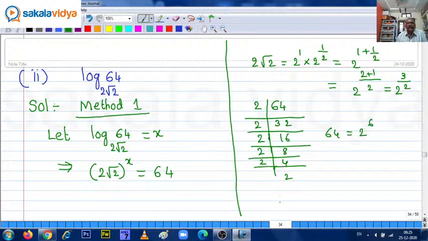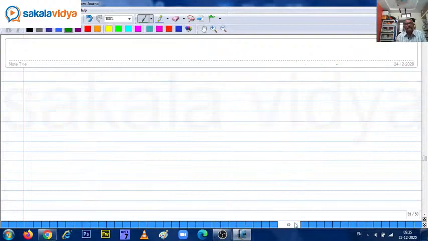So now, this 2 root 2 means 2 to the power of 3 by 2, all to the power of x equals 64, which we can write as 2 to the power of 6. Next step: this is 2 to the power of 3x upon 2 equal to 2 to the power of 6.